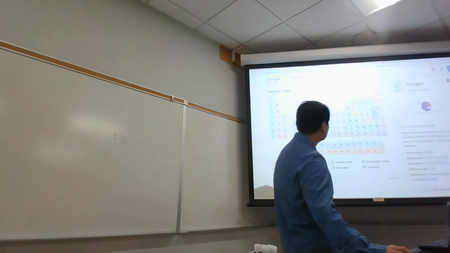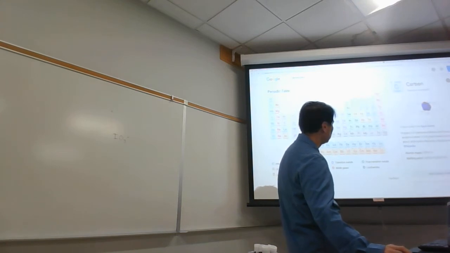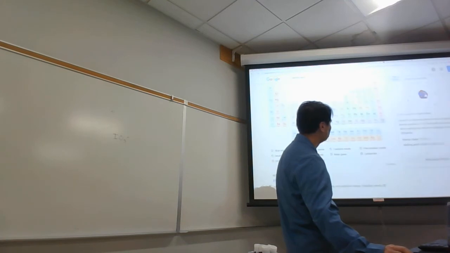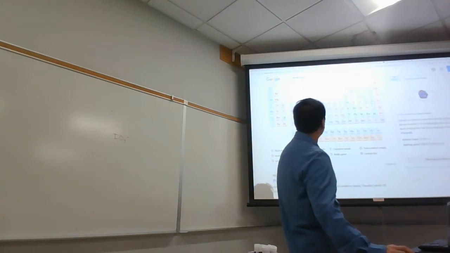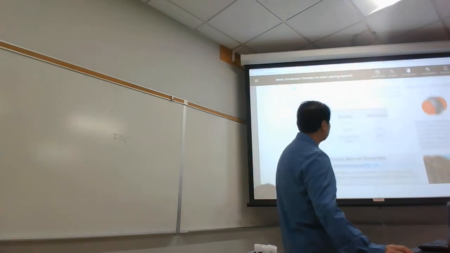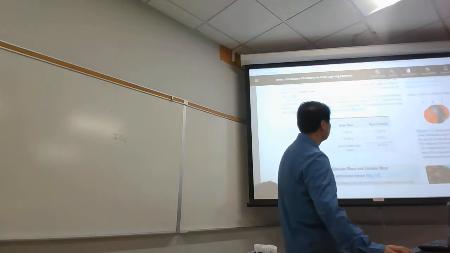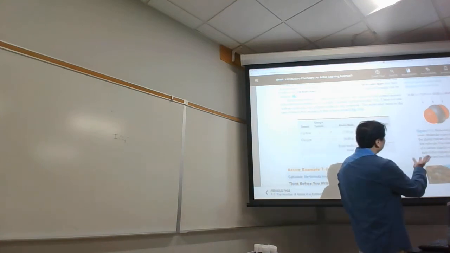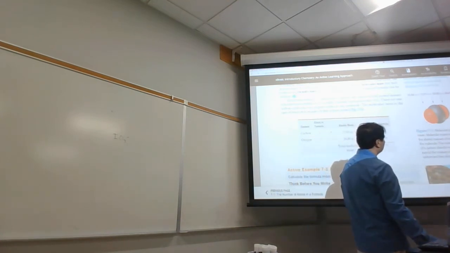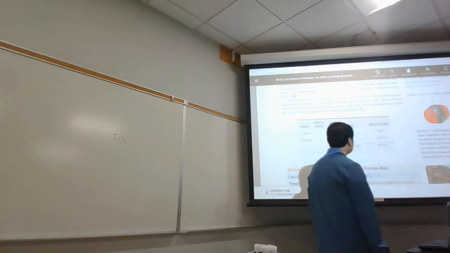And then we look at carbon. 12.011 is what they have here. The 4 sig figs would be 12.01. So we use the average. The average CO2 weighs how much? We add them all up, we get 44.01 U. So that would be the average mass of the CO2.